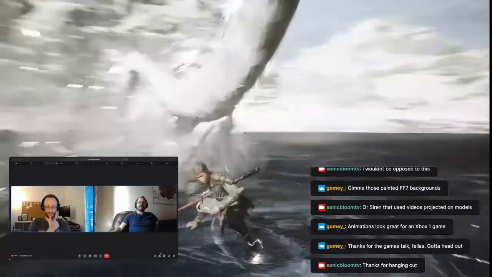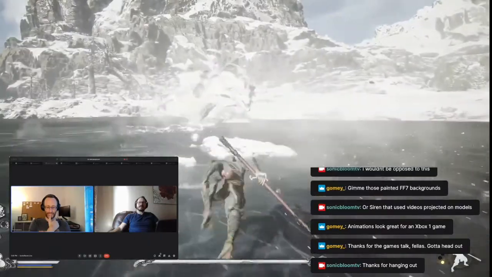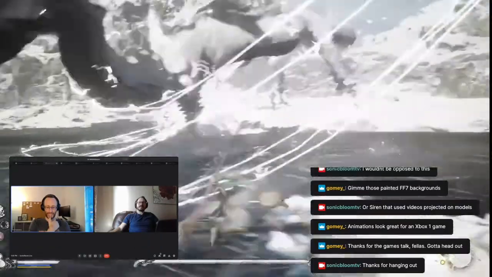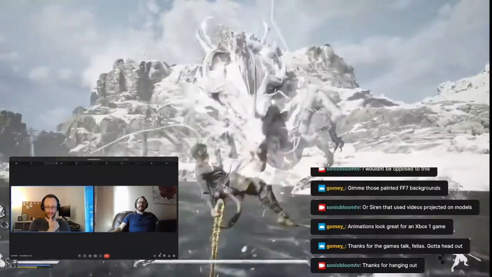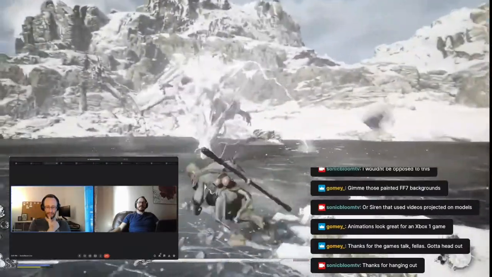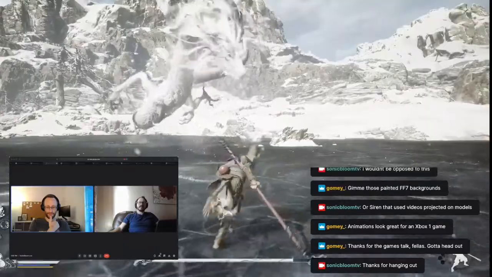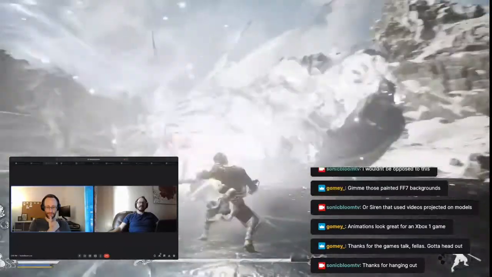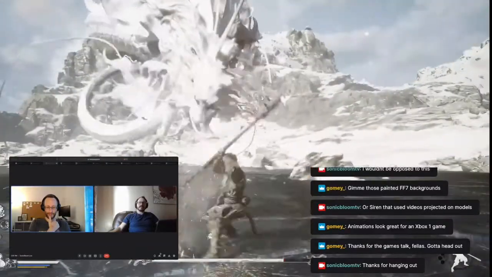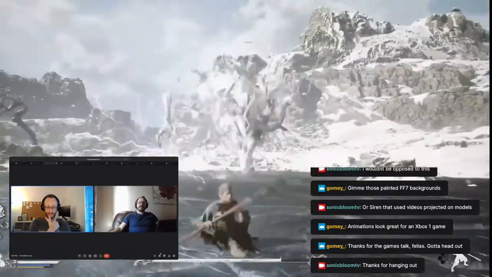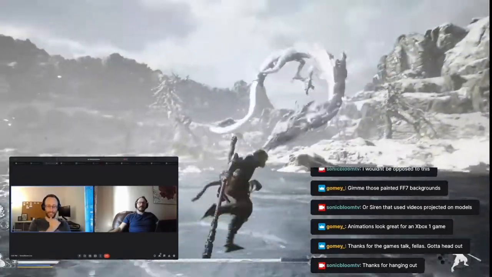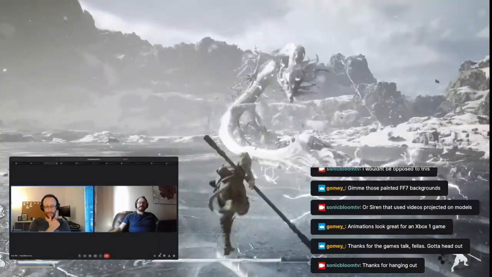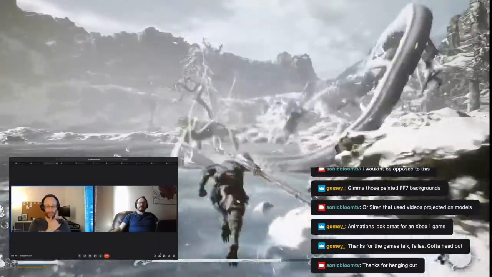Here's the dragon. Yeah, right here is where it's just hitting it, and there's no adjustment to the dragon's animation at all.